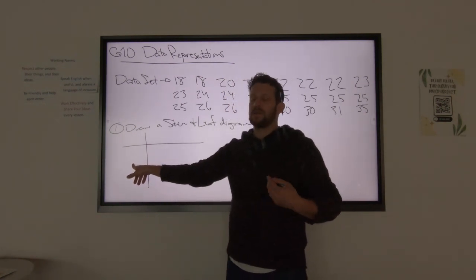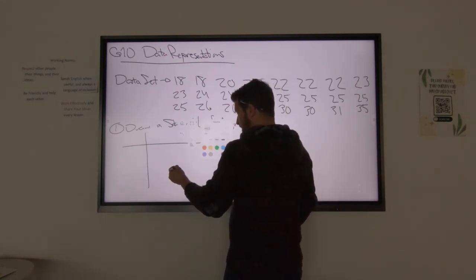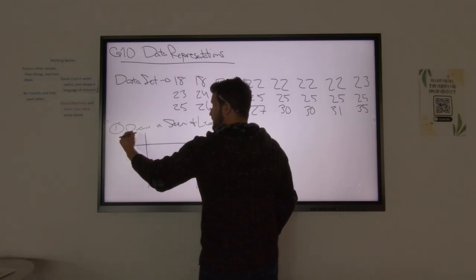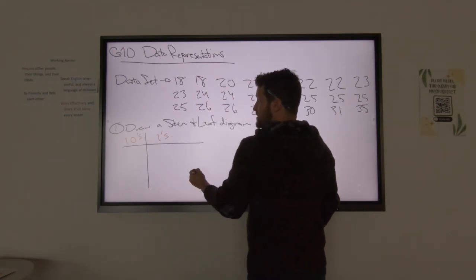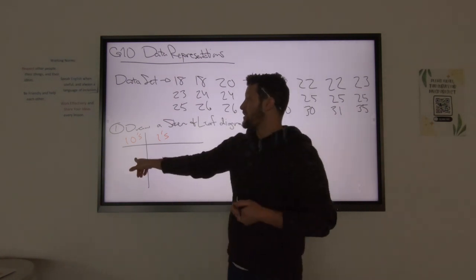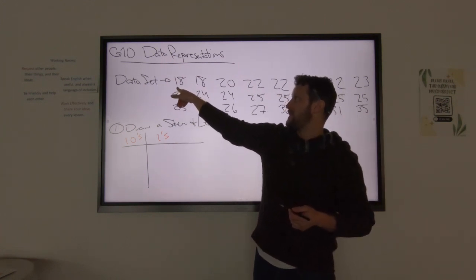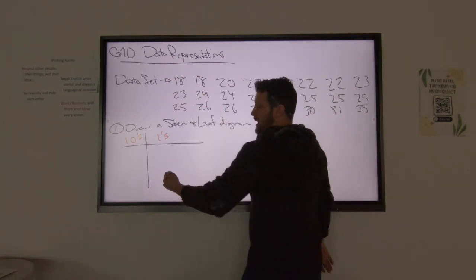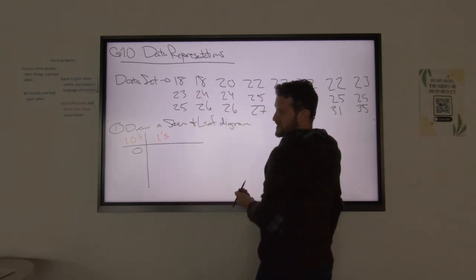On the IGCSE, the stems are always 10s and the leaves are always 1s.